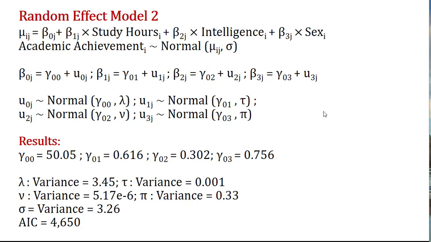Sometimes you create rules, like for example, when I did the beta 0 first and I determined that the random component was important for beta 0, so I kept the random component in all the models. So I'm not going to analyze any model without the random component of beta 0.